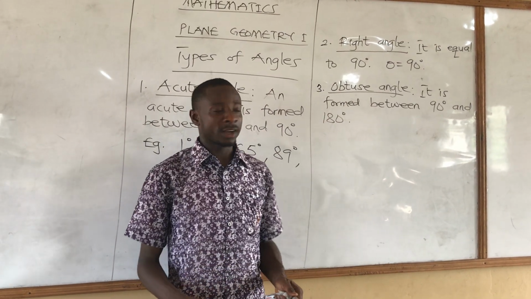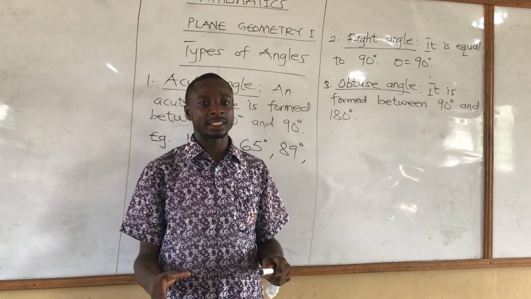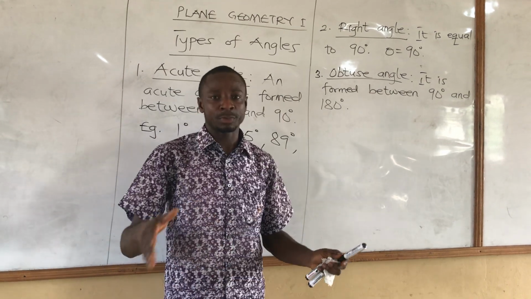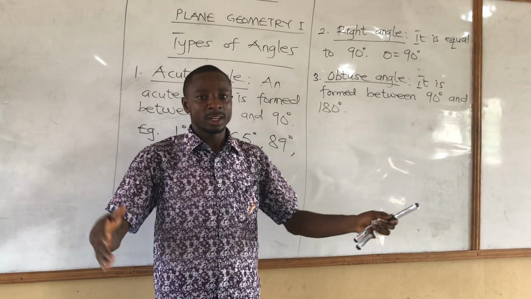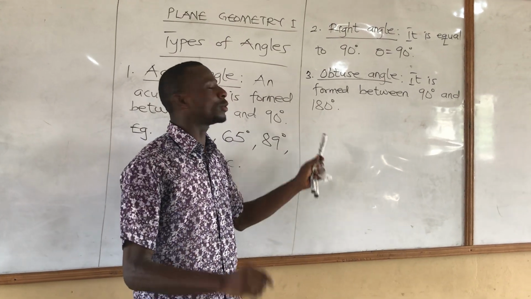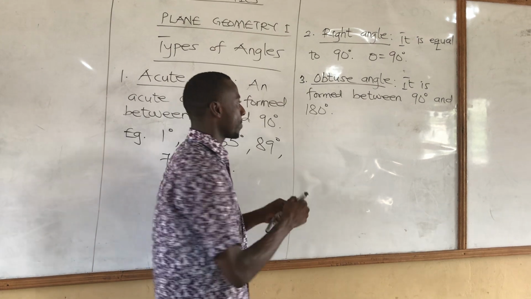An obtuse angle is formed between 90 degrees and 180 degrees. So from here, 90 is not part, 180 is not part, because it is between. So it is going to start from 91, 92, and so on.